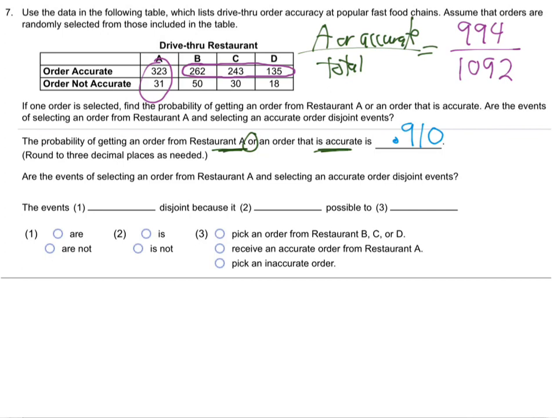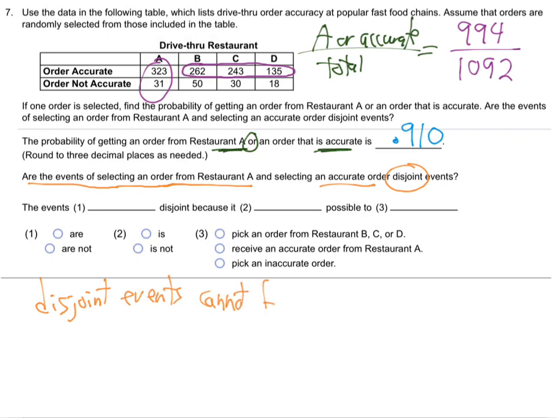Okay, so let's keep going. Now they have an extra question for us here, and that is, are the events restaurant A and accurate disjoint? So what does that mean? Disjoint events cannot both happen.